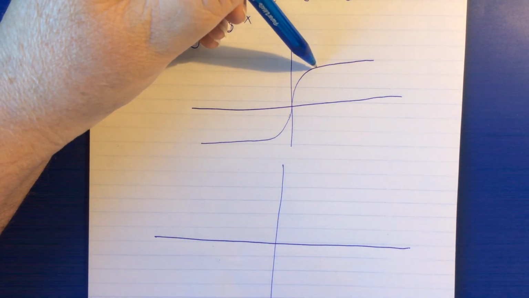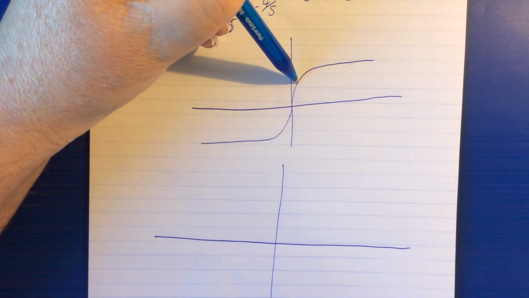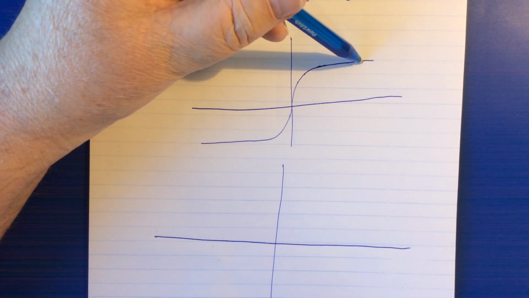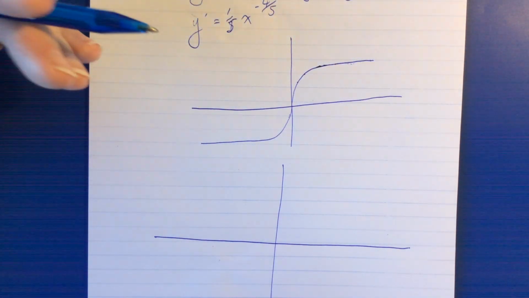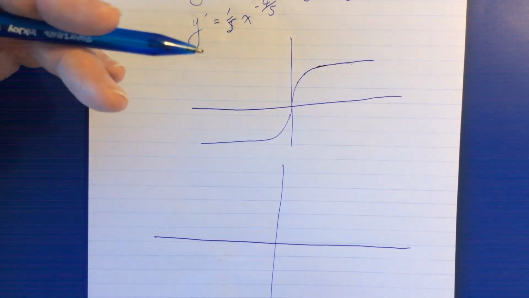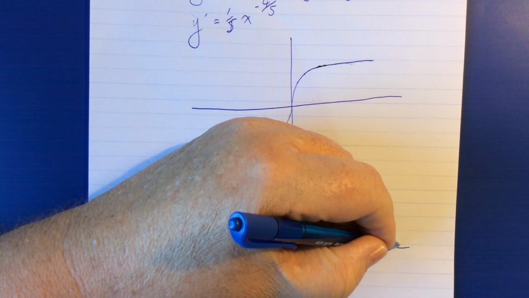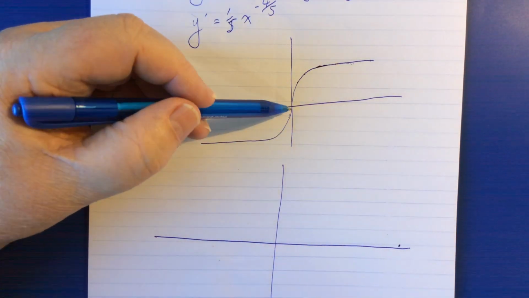Well, we know, despite my poor drawing, that the gradient here is very steep and gets shallower and shallower and shallower, but it never reaches a flat line, a horizontal line, so it never goes to zero. So we're probably looking at the x-axis as being some sort of an asymptote.